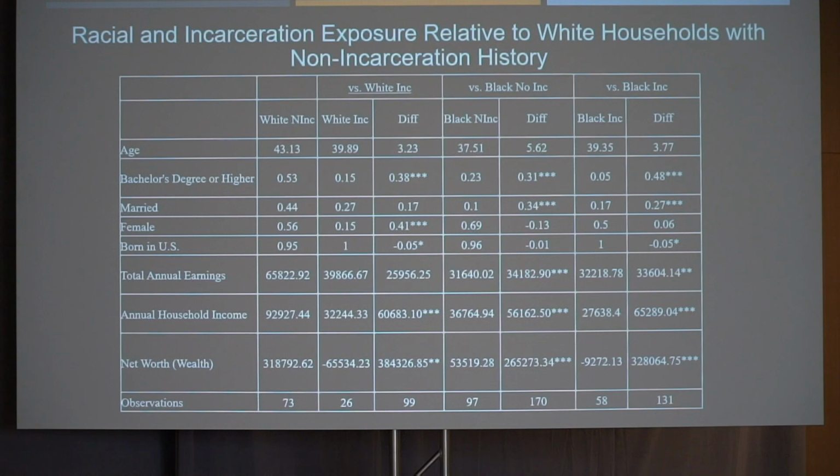So what we decided to do then was to break this down to compare whites with incarceration exposure across different groups, blacks with incarceration exposure and blacks without incarceration exposure as well. The first column here is the whites with no incarceration exposure and how they compare to whites with incarceration exposure, and then blacks with no incarceration exposure and blacks with incarceration exposure.